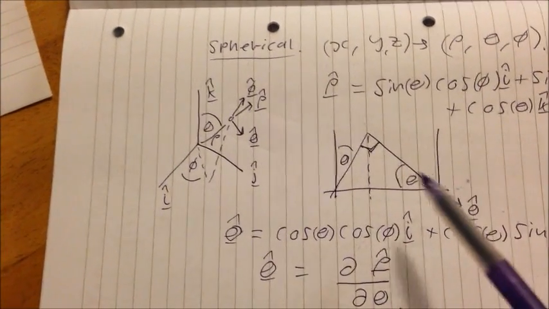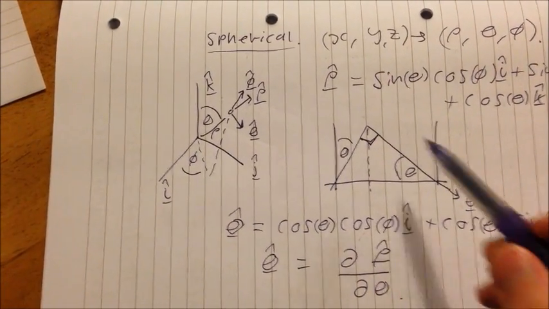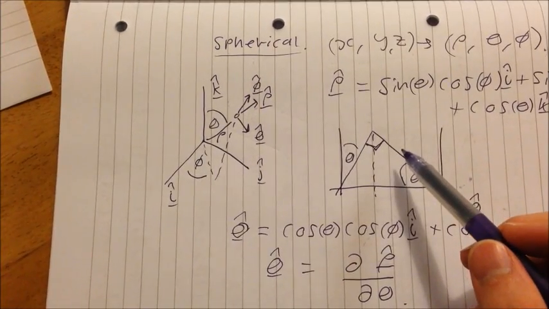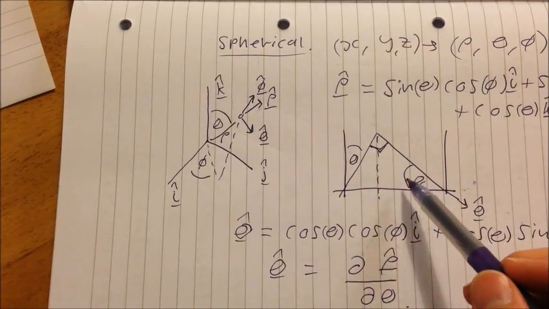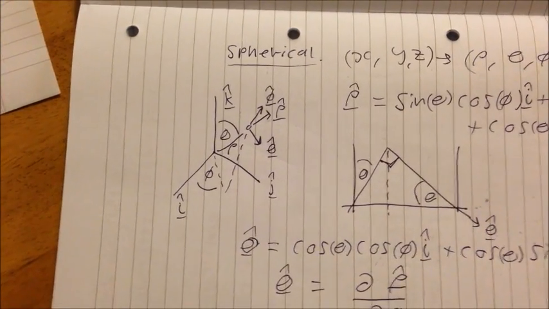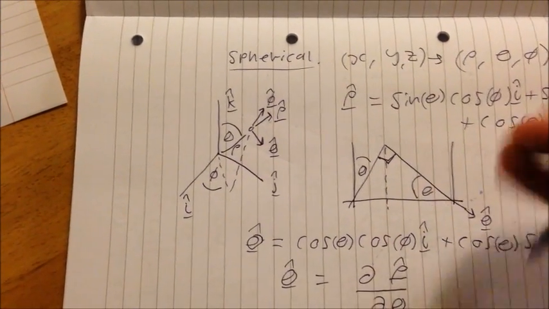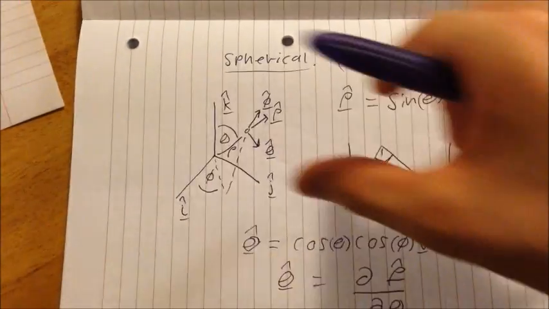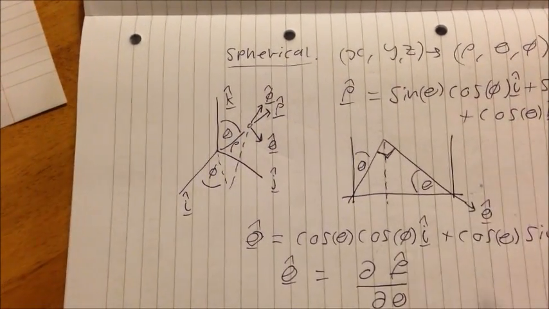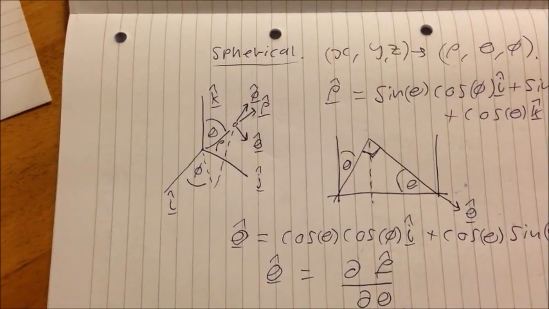And again, to help you, you can imagine this, except now these thetas will be phi's. It's just the same picture but swizzled in the other direction. So it's the same, except theta is phi.